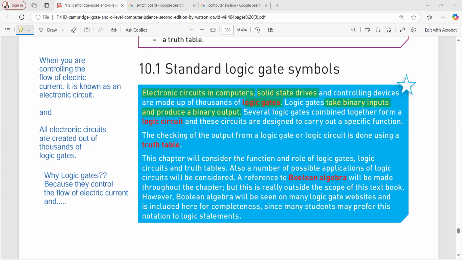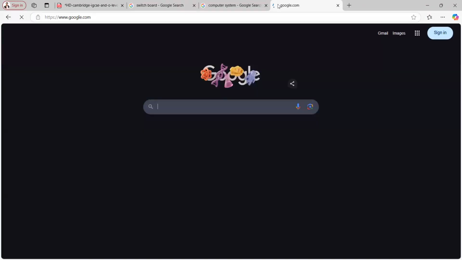When I say binary, binary means one or zero, right? You only have two options. So whenever you are giving the input, you are only giving one and zero, but it is generating an output. How the output is generated, we are going to discuss later in our chapter.